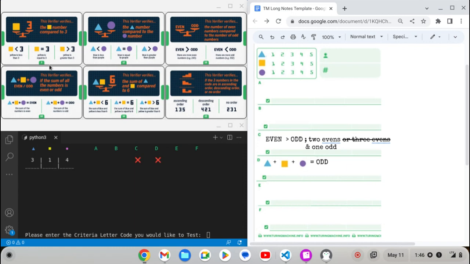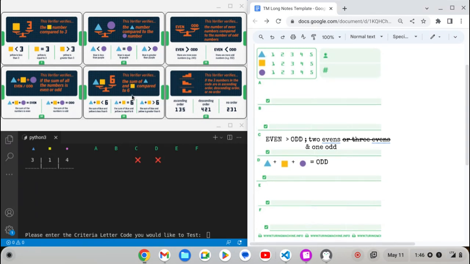We do have this square that, if it were equal to 3, well, we know that would be the odd. But I think what I'm going to do is test criteria E to see if the sum of the first two digits is less than 4, or sorry, less than 6.